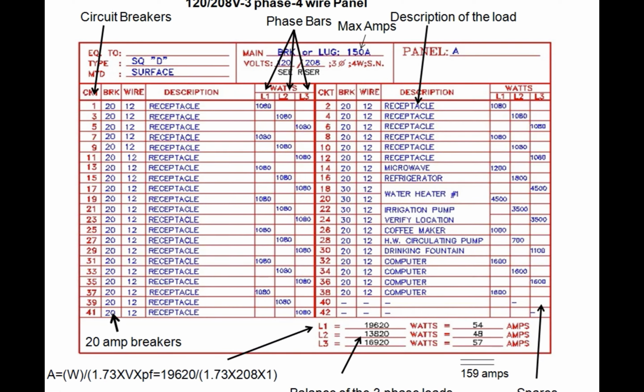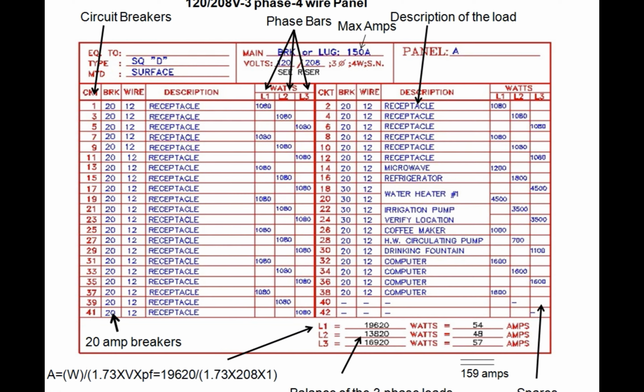And so you see receptacle, receptacle, receptacle. Basically you have the typical ones all the way through the left side, plus 2 through 12 on the right. Your microwave has a little bit higher load, but it still has the same size circuit breaker.